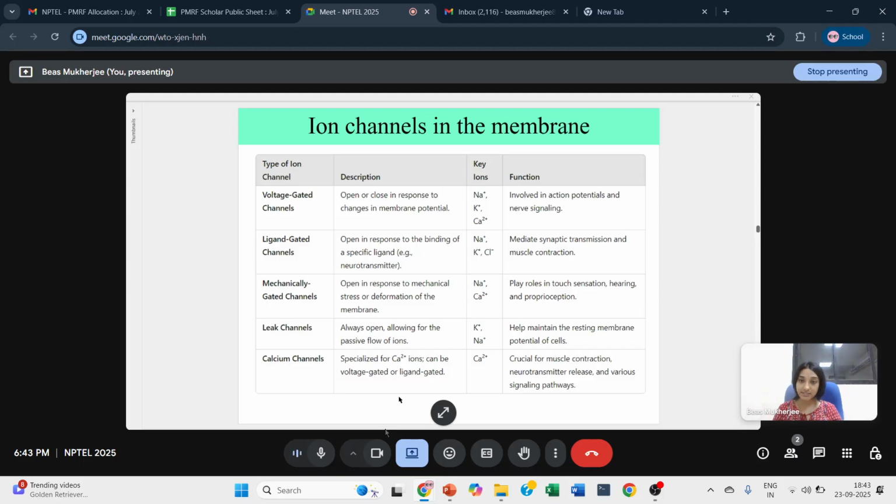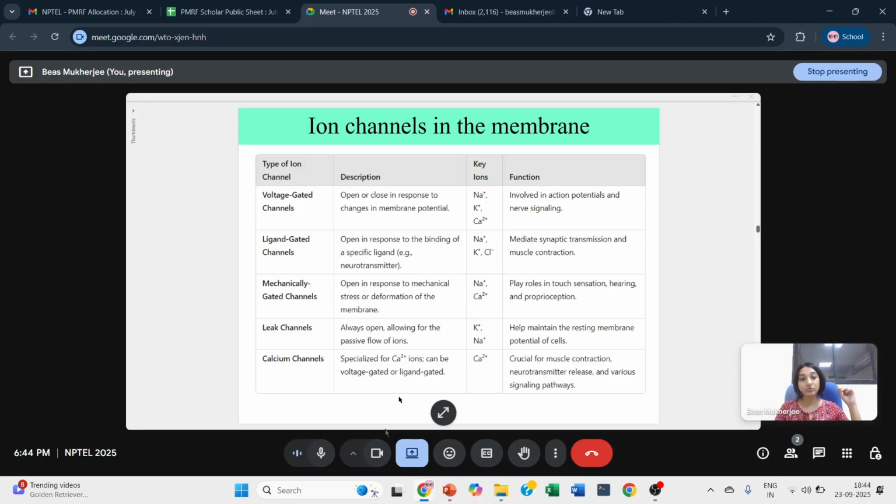Then mechanically gated channels open in response to mechanical stress or deformation of the membrane. They play roles in touch sensation, hearing and proprioception. Then there are leaky channels. What are these leaky channels? They are always open, allowing for passive flow of ions, and they help in maintaining the resting membrane potential of the cell.